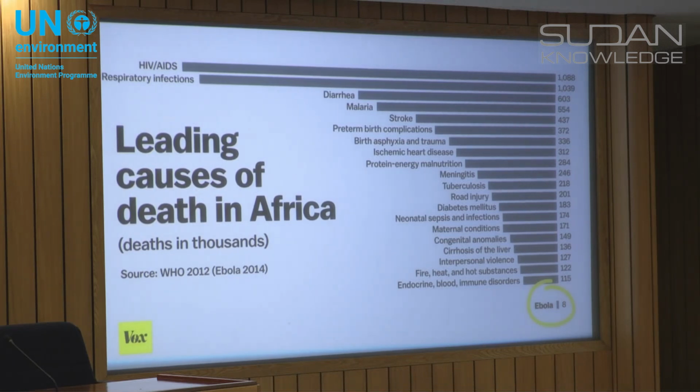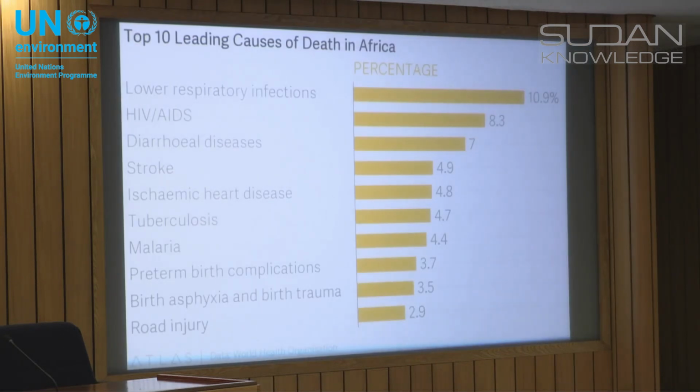The leading causes of death in Africa have changed a little bit during the last 5 to 6 years. You will see that TB has become the top in the last 2 years, and then HIV. HIV has not reduced, it is still the same, but TB has surpassed it. Diarrheal disease has always been number 3, and it's still down there.